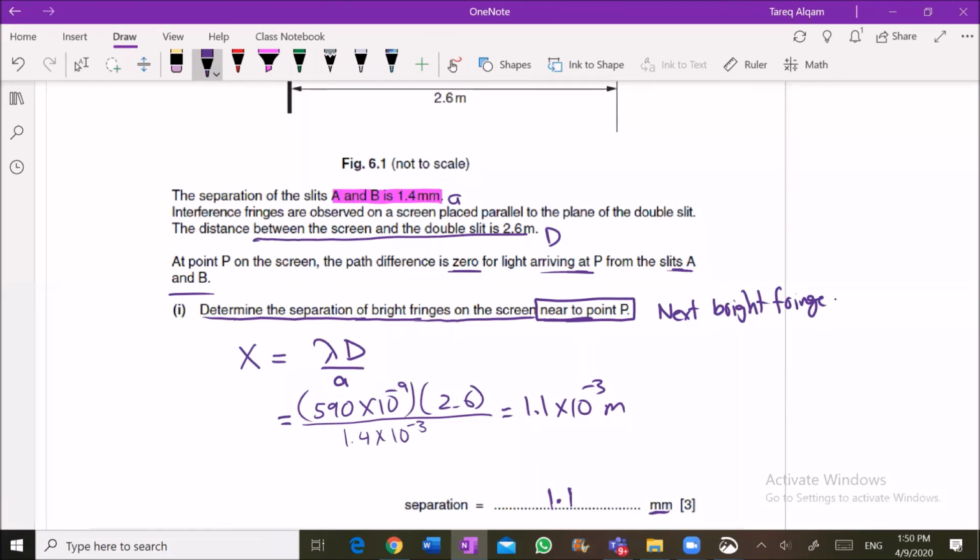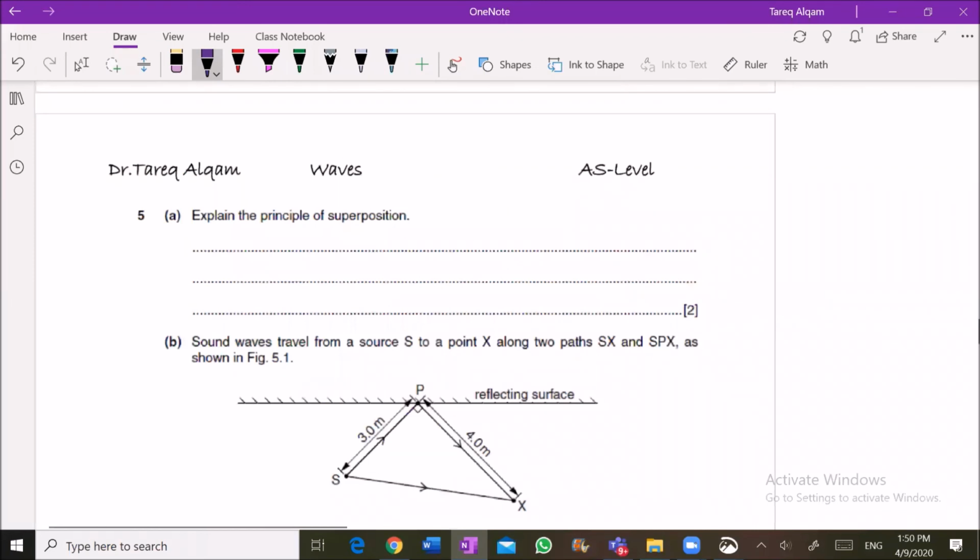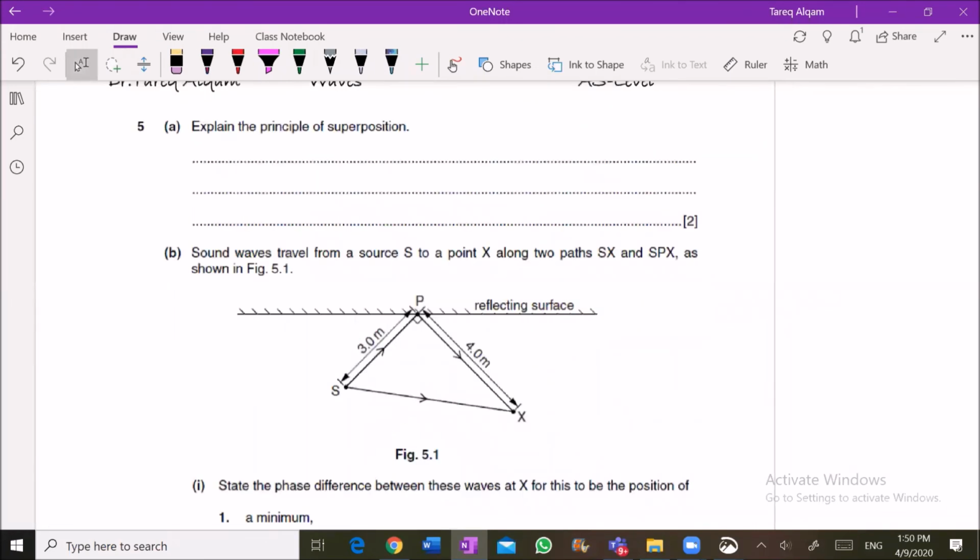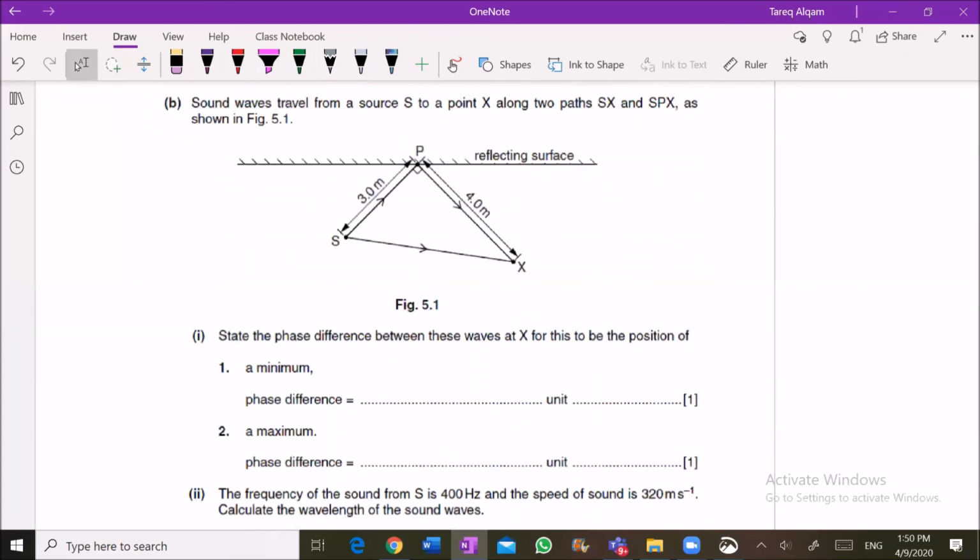Okay. Next question. Explain the principle of superposition. But let me do this question, guys, and then we stop. We talked about the principle of superposition. Now, a sound wave travels from source S to point X along the paths. Look with me, here we have a source of sound. I have two paths for the sound.